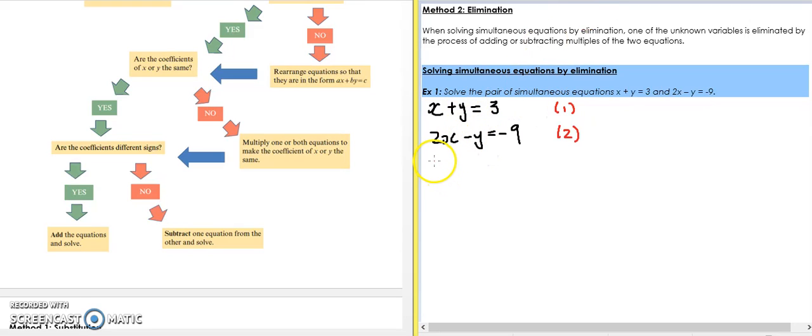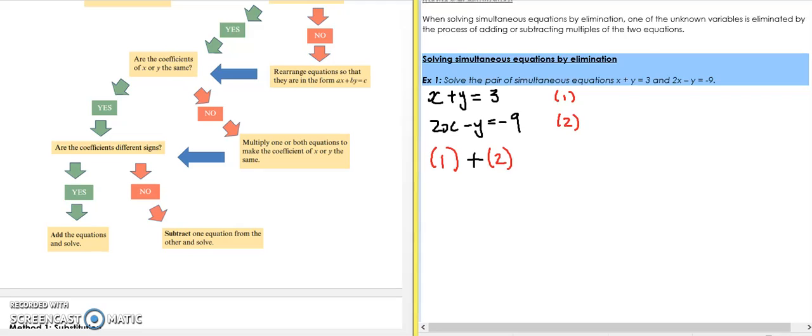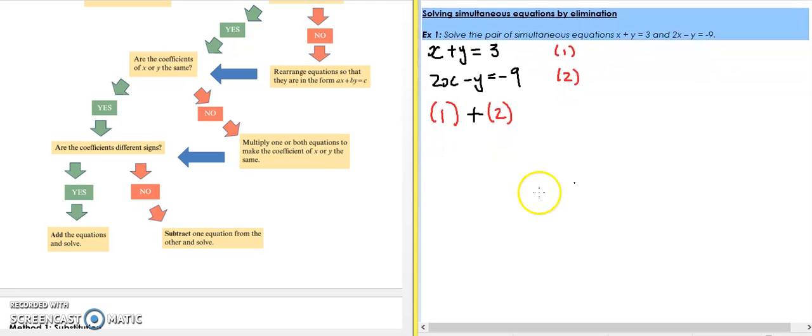What do we mean by adding the equations? We're going to get equation 1 and equation 2, and we're going to add the two together. Now this seems almost like a random process, to just add these two equations. But mathematically, it can be carried out. So this x here, which is just 1x, and this 2x here, we're going to add these two together.